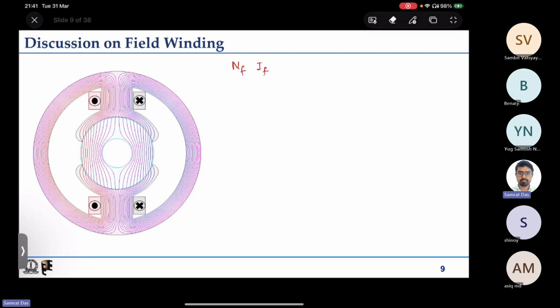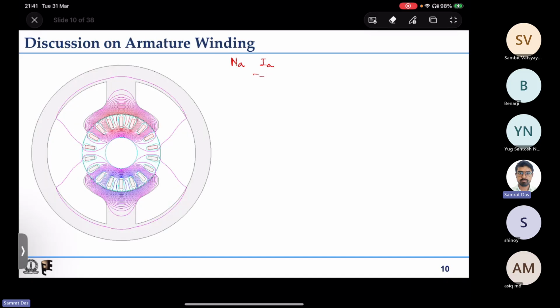Now let us try to come from a mathematical framework to conclude why we should have lower field winding current and higher armature winding current.